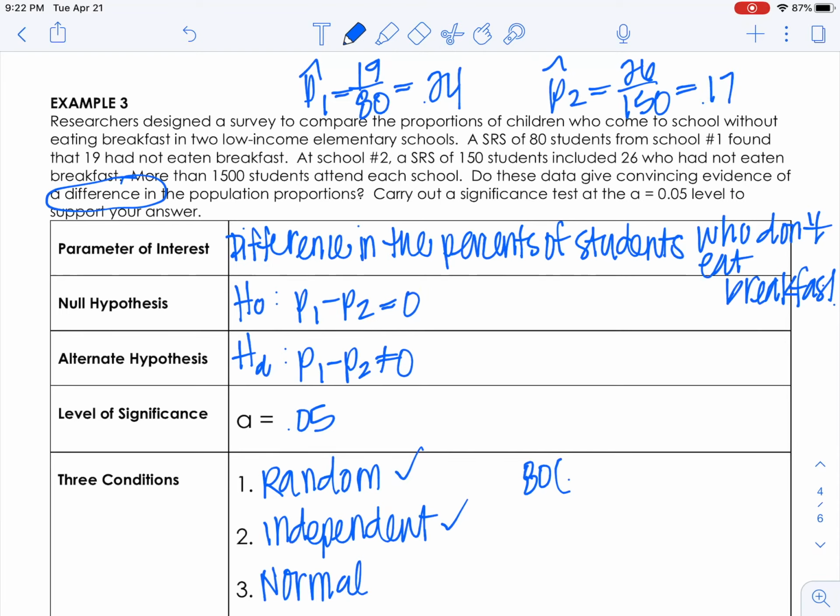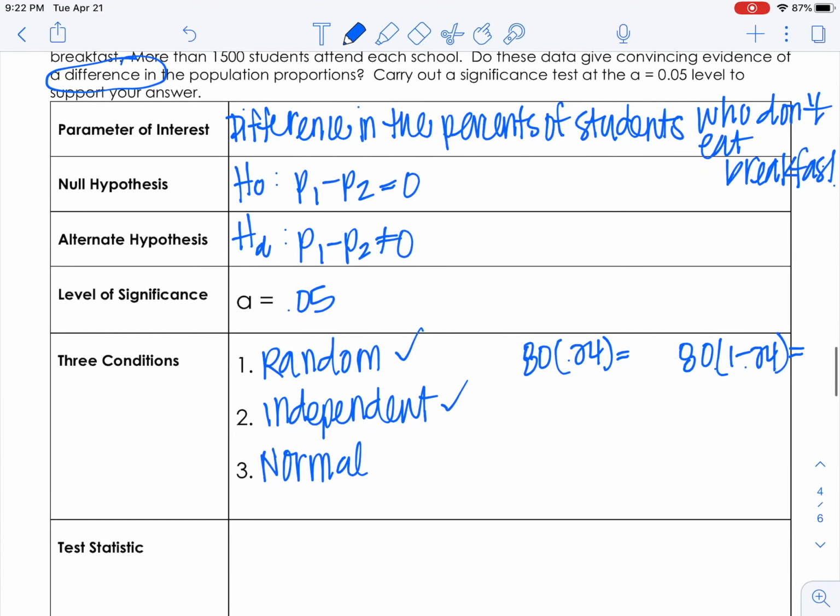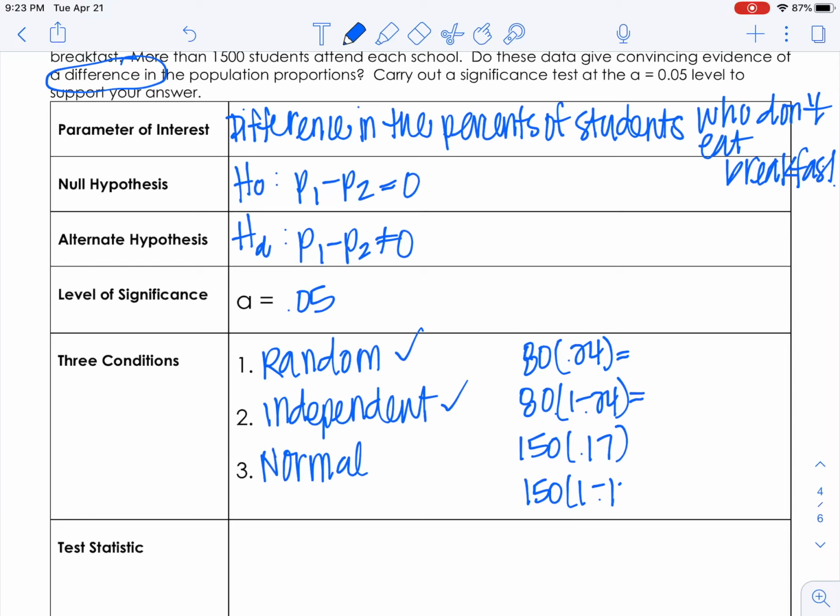So 80 times 0.24 and 80 times 1 minus 0.24. Then 150 times 0.17, 1 minus 0.17.